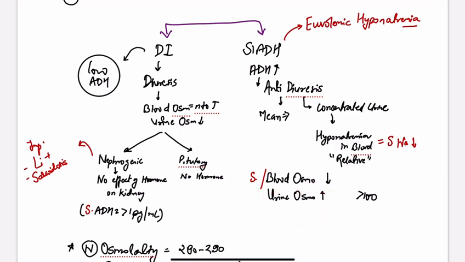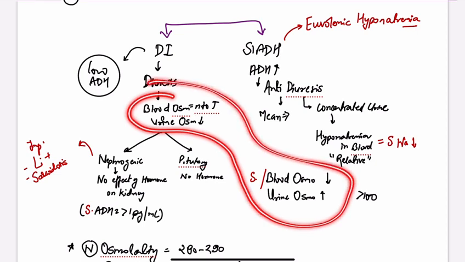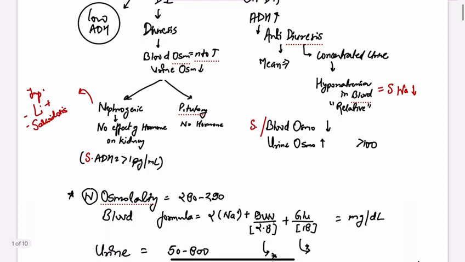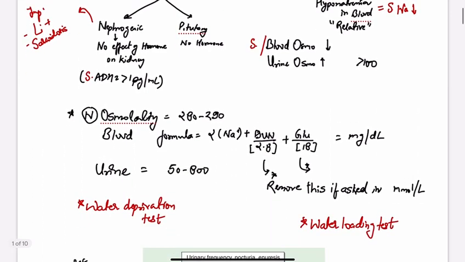Okay, these two points are very important. Remember it: urine osmolality almost more than 100. The basic part is that the normal osmolality of serum is 280 to 290, and for the blood formula you have to remember this: 2 into sodium plus BUN divided by 2.8 plus glucose divided by 18. This is the formula when the answer is in milligram per deciliter.